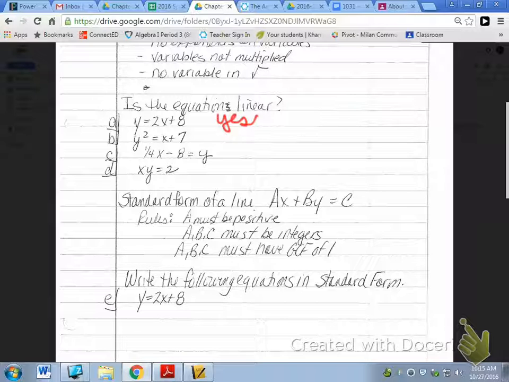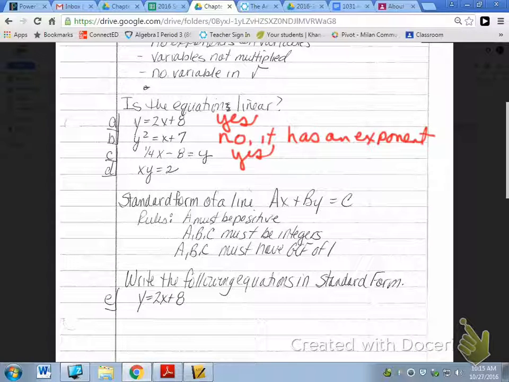B, y squared equals x plus 7. What do you think, Avery? No, it has an exponent. C, 1/4 x minus 8 equals y. What do you think? Yes.